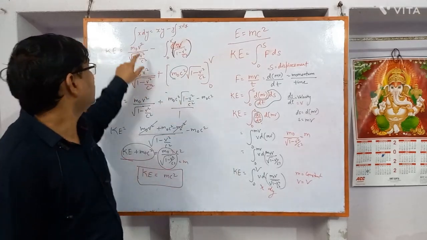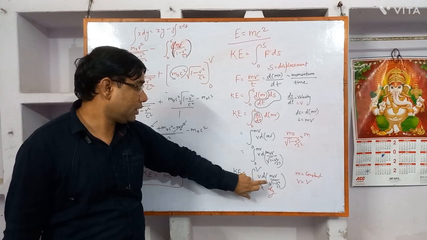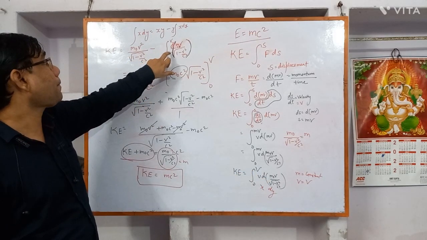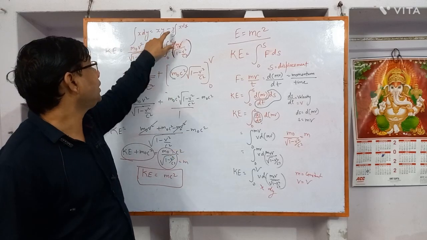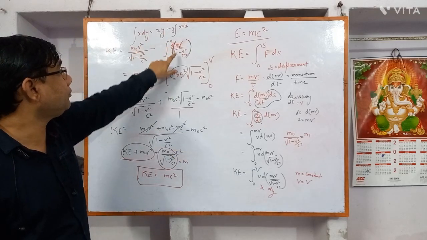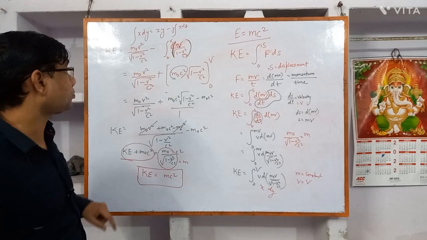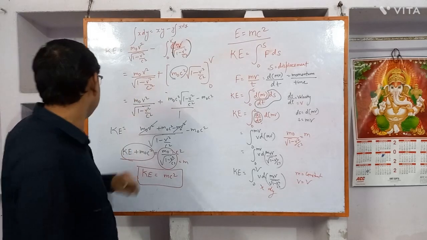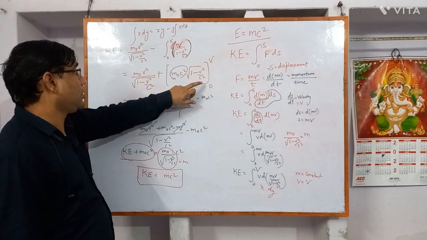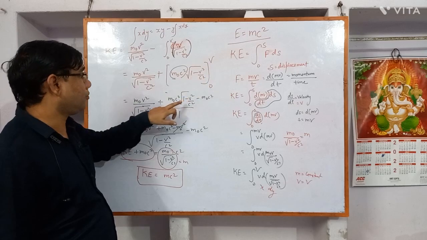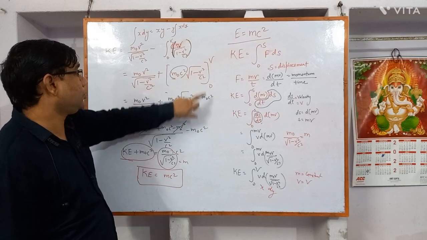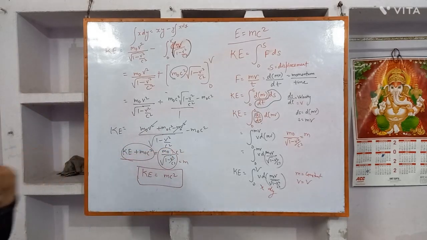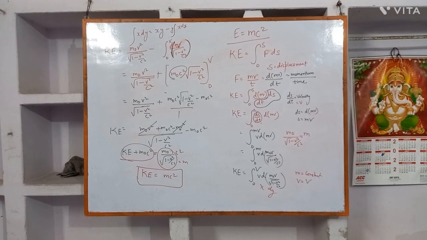This is the first function and this is the second. In the second function y, we write the whole function. Now we put this value from this equation. You got this value by putting the first and second limits from 0 to v. Now you can multiply and you got the equation directly.